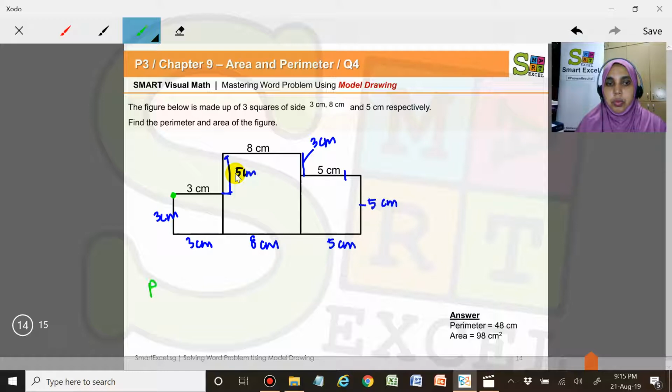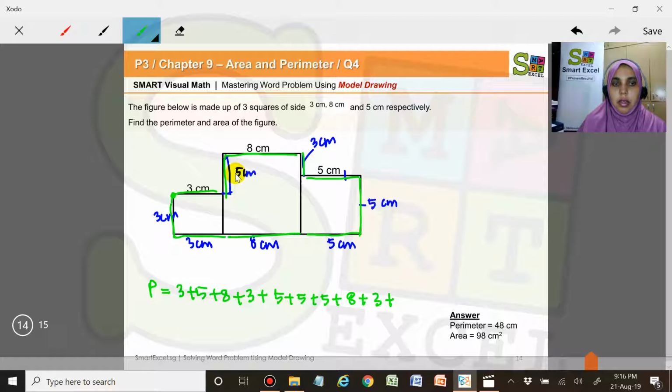So we put P, then we cross here is 3, plus we go up is 5, we go through here is 8, go down 3, plus 5, plus another 5, plus another 5, plus another 8, plus 3, plus 3.